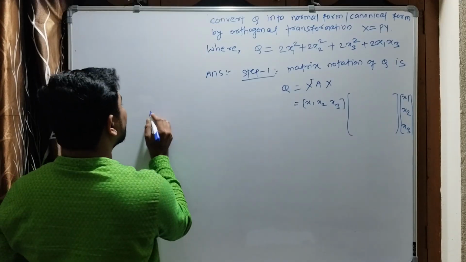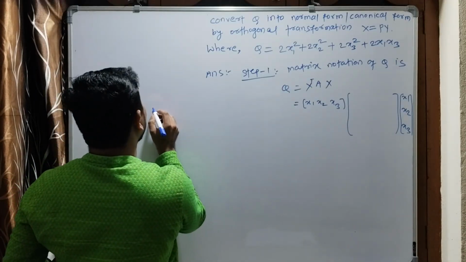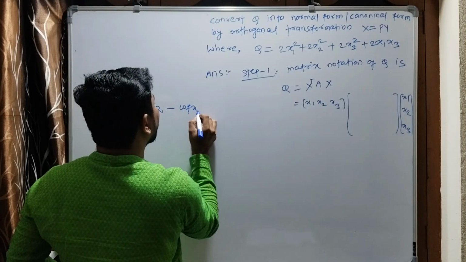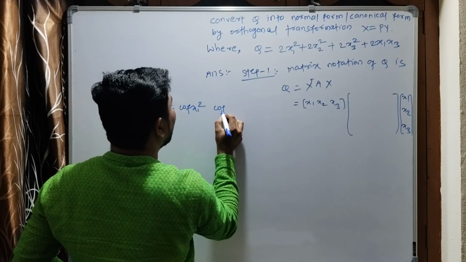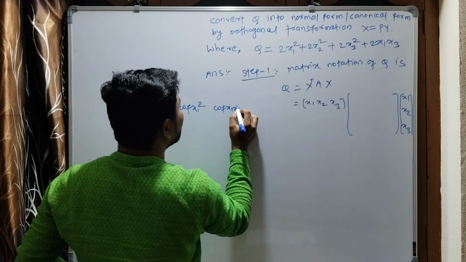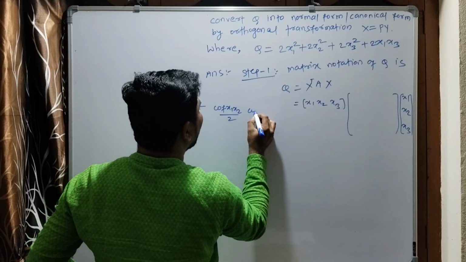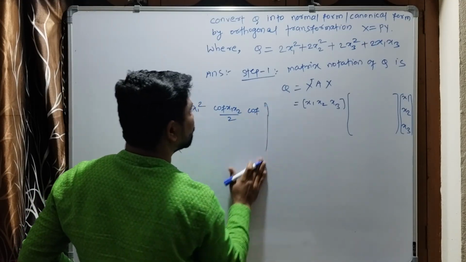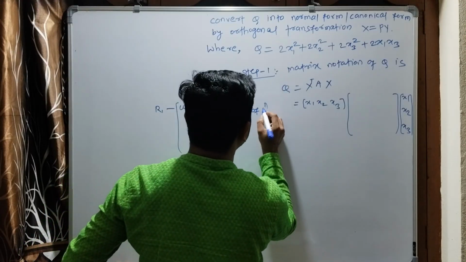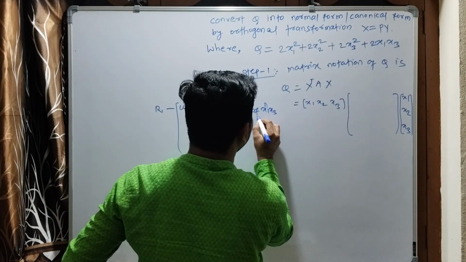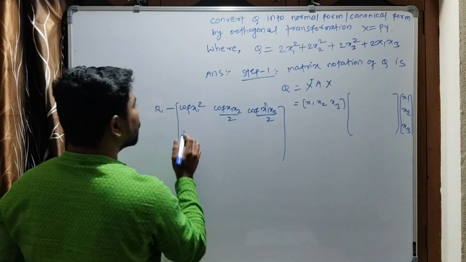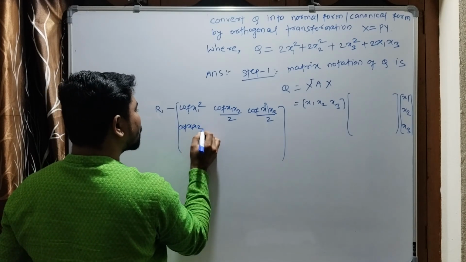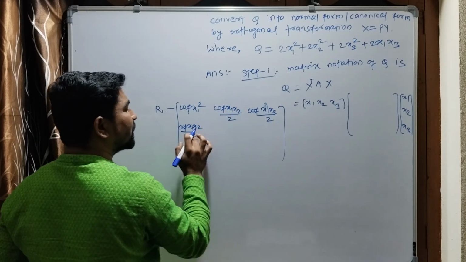The first row of this matrix, R1, is the coefficient of x1 square, the coefficient of x1x2 by 2, and then the coefficient of x1x3 by 2. The second row is the coefficient of x1x2 by 2, so a12 is the same as a21.